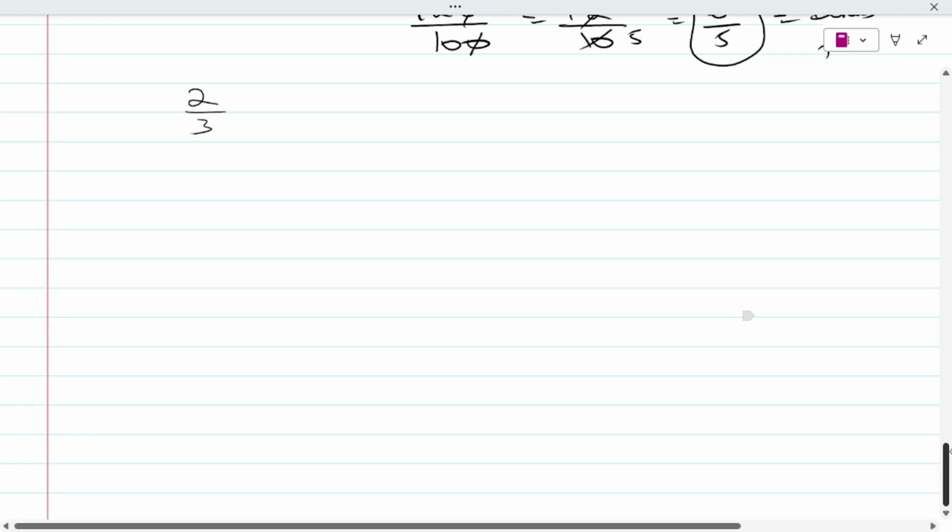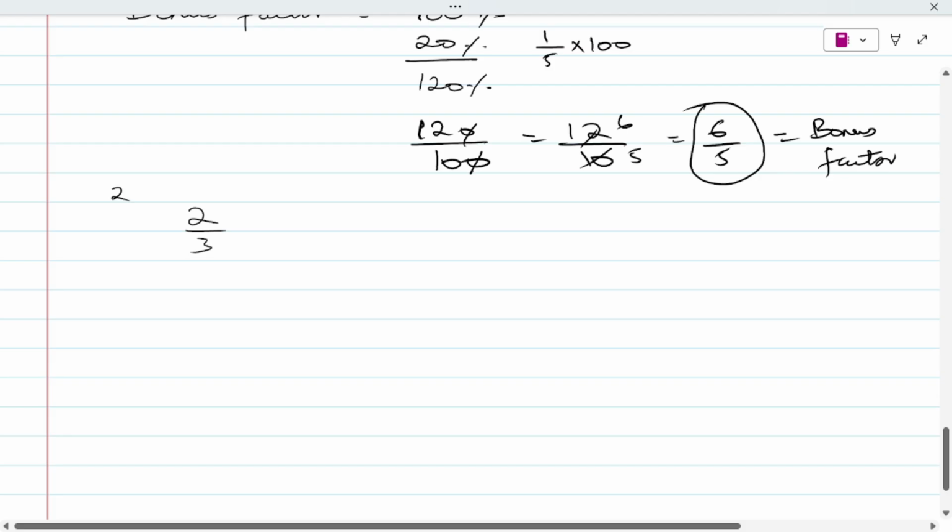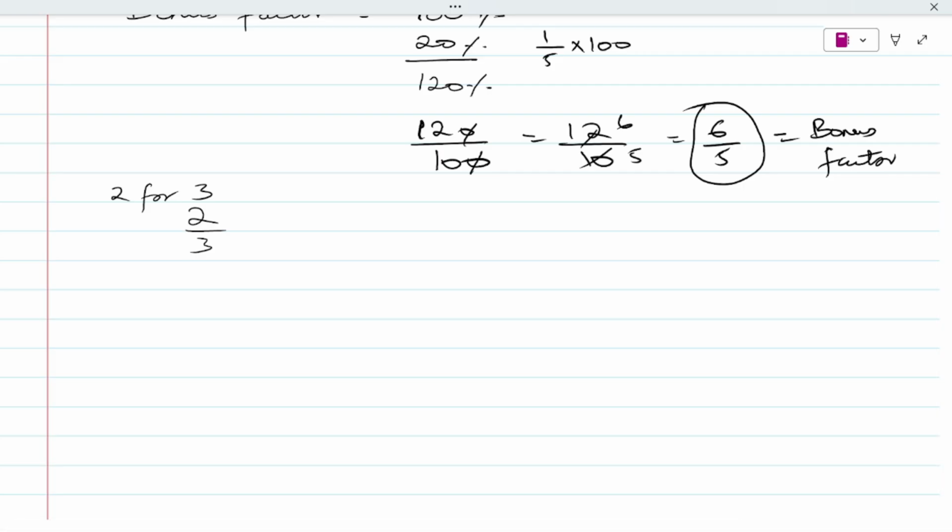So let me write it over here as well, 2 for 3. That means for every 3 shares that you have, you're going to get 2 more. If I convert this into a fraction, 2 over 3, that's going to be 2 over 3 into 100, right? Because I need to convert it, so I multiply it with 100. So 2 over 3 into 100 is 67% after rounding off.